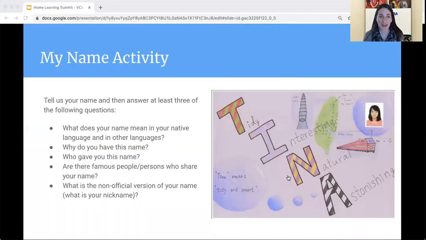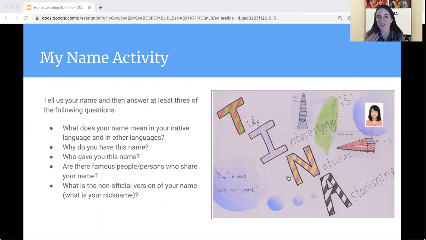In the My Name activity, there is cultural sharing of information through our names, what they mean, where they come from, and how our family gave them to us. In advance, you want to get students thinking about some of these questions so they can participate in the activity. What does their name mean in their native language, or perhaps in other languages?